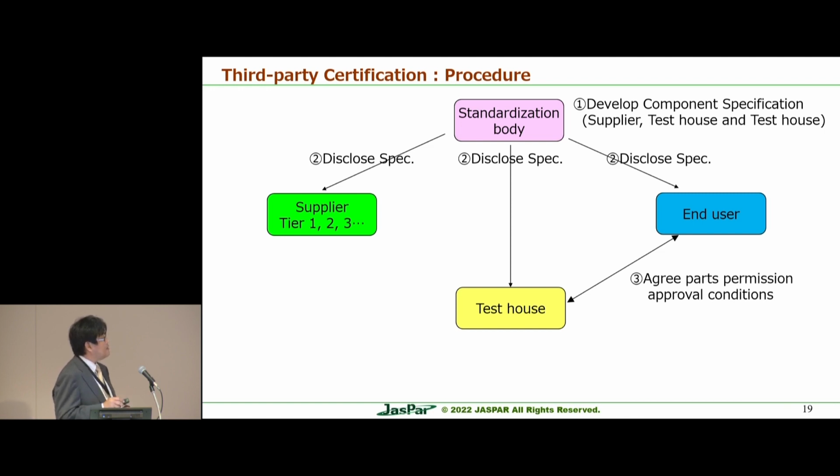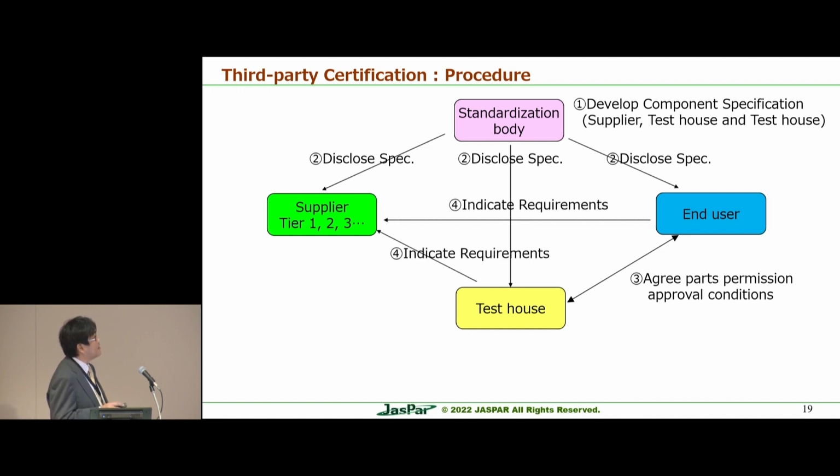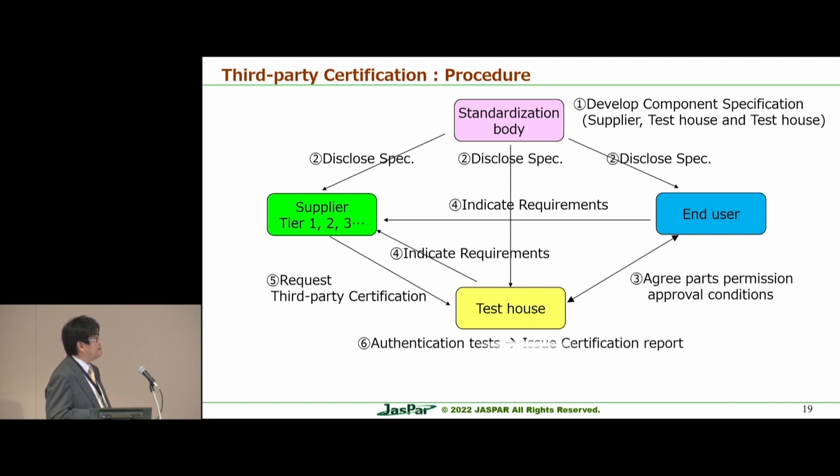And then the end user requests the supplier, tier 1, tier 2, tier 3, and so on, and indicates the requirements. Then the supplier will develop the component and request third-party certification like here. And once the test house measures each component and it complies with the standard, the test house will issue the certification report, which shows that it meets the specification validation.